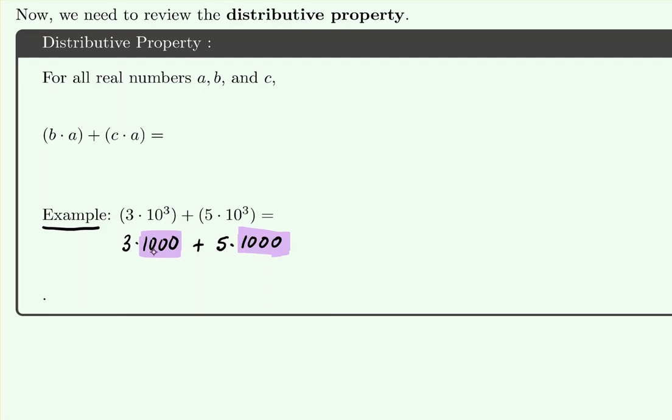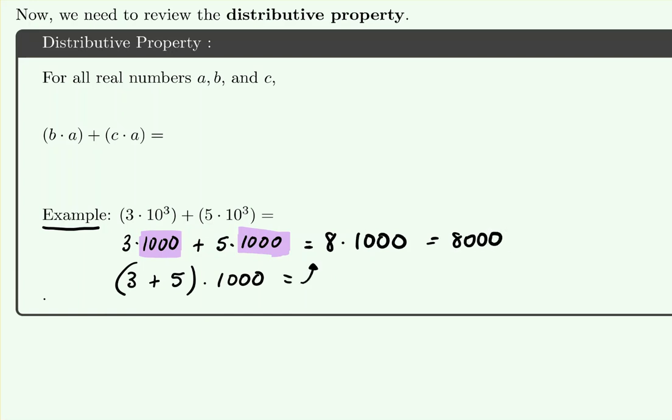So 3 1,000s plus 5 1,000s would be the same as 8 1,000s. And this is the idea of the distributive property. What's going on here is you can imagine that you're factoring out the 1,000. So we have 3 plus 5 that we're adding together, and then we're multiplying by 1,000, and that's where we get the 8,000 as the result.